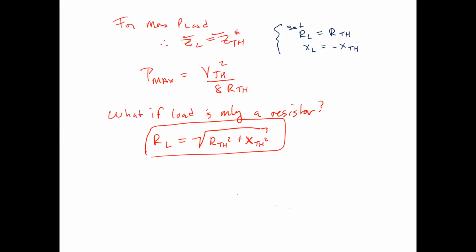And there's a thing called load balancing, which is what factories can do to optimize their power consumption and minimize their power bill to get the most power from the power that they're actually given from the power company. If they have the ability to adjust the reactance of their load, they can choose to get the most power. But of course, if you just have a resistor, you have to stick with that.